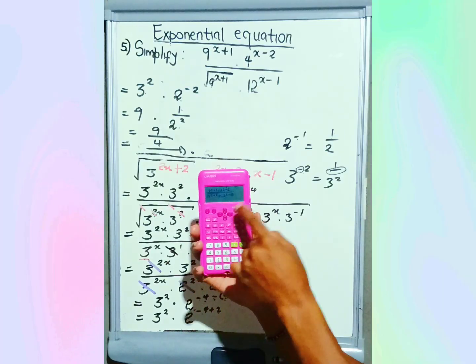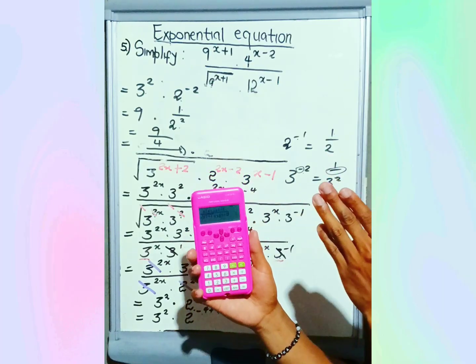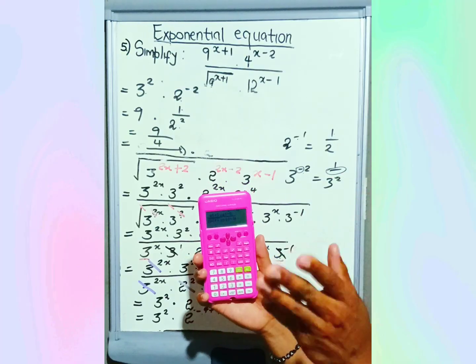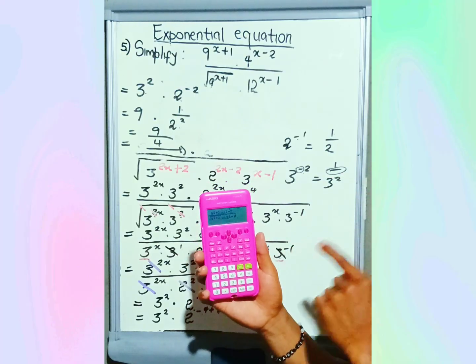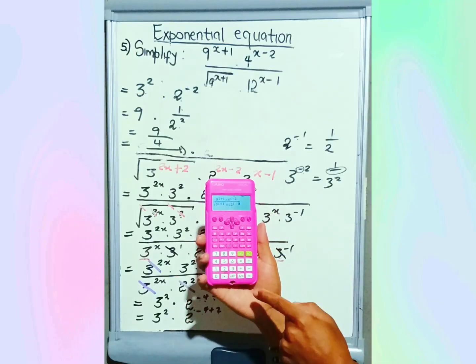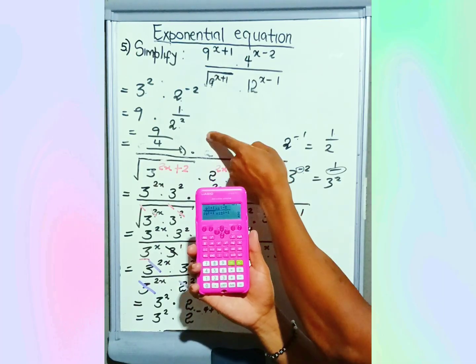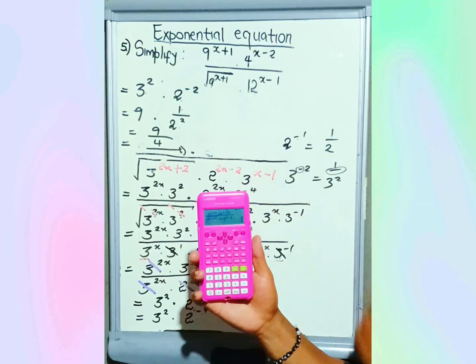Do you see that? Wherever there is a variable, I always put 1. That is the rule of proving. After that, you punch equal, and you see the answer is 9 over 4. That means everything is correct.